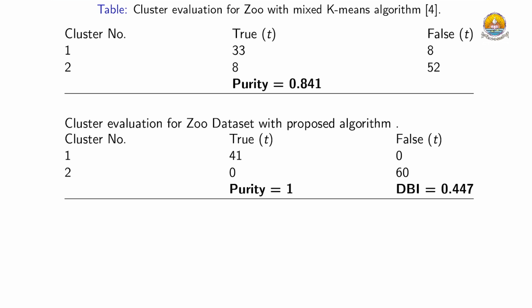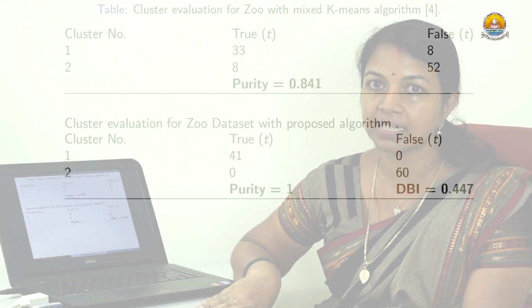Because of that the purity has come up to 1, because as per the labeling of the data we could get the correct answer. However, the cluster compactness is not very good, but depending on the label we could find that this clustering method is good compared to the K-means algorithm. So this is about our performance analysis. I am not able to show more because of the time restriction.